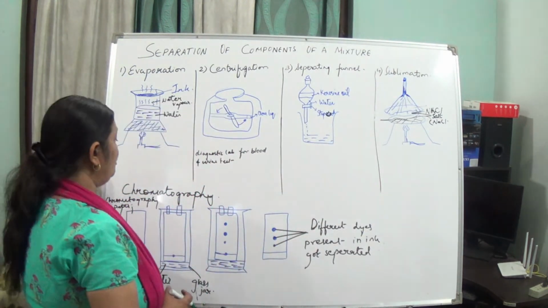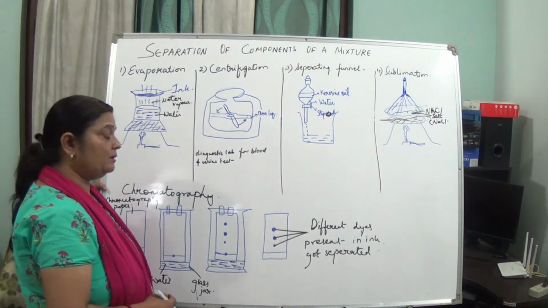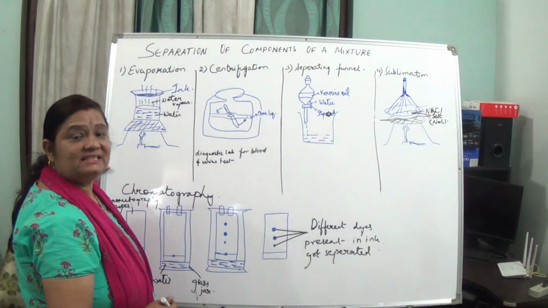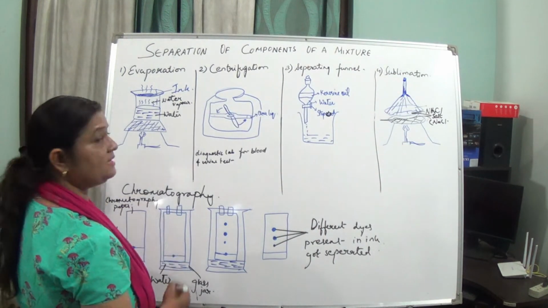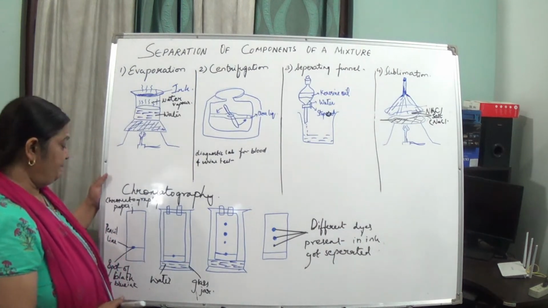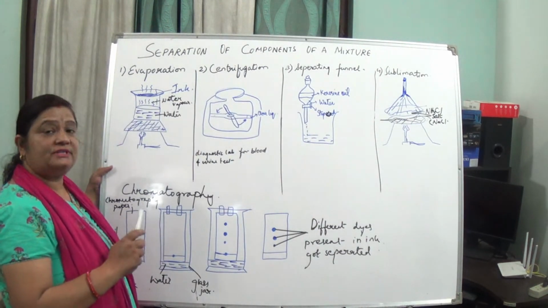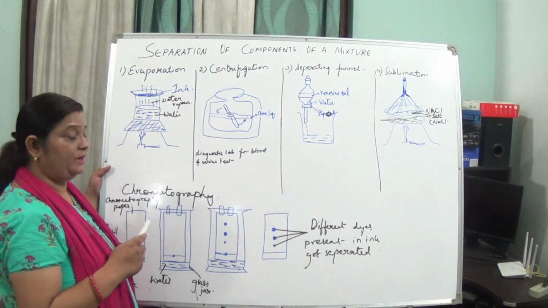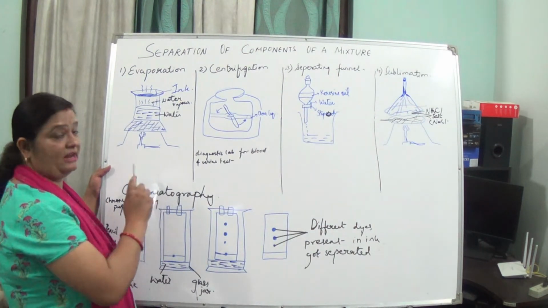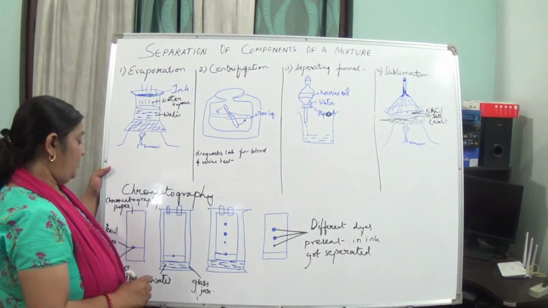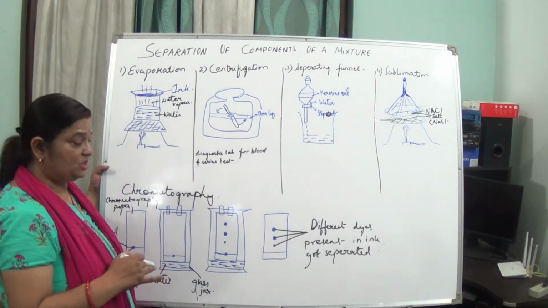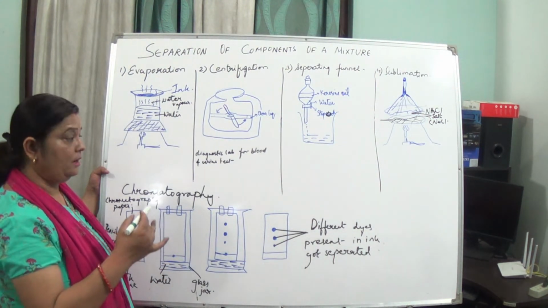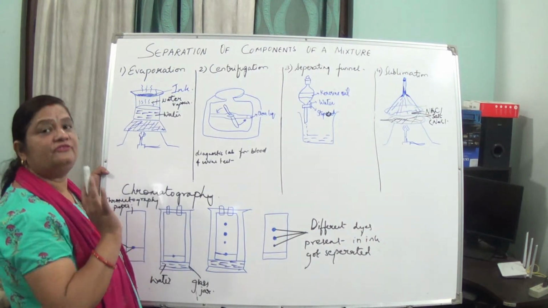Next is chromatography. In chromatography, different dyes can be separated, okay. The principle followed in this chromatography process is that the component which is more soluble in the solvent which we have taken moves faster.